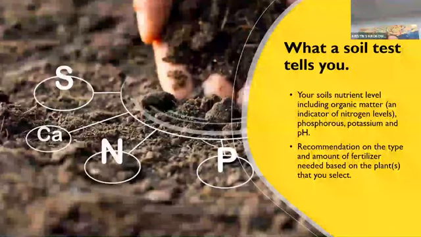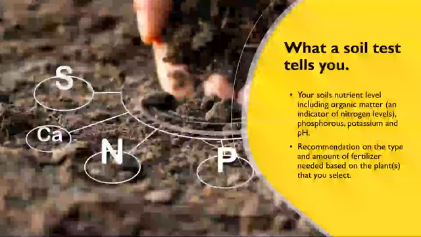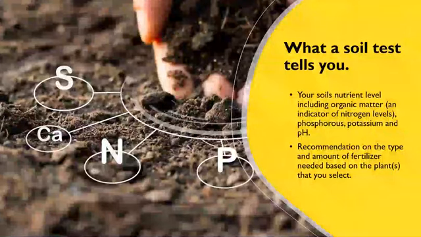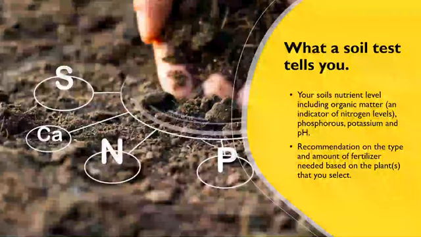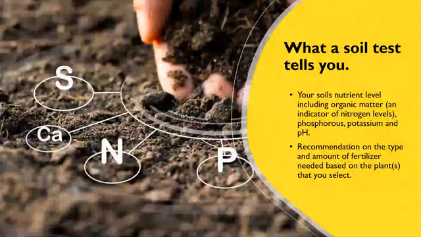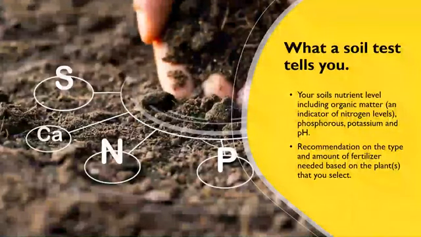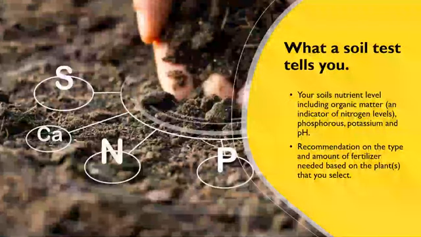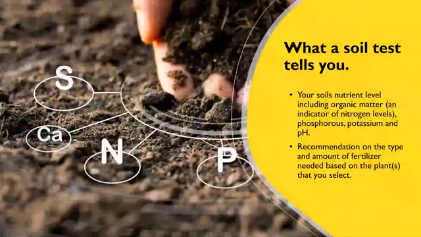So what is your soil test going to tell you? It's going to tell you your soil's nutrient level. That includes organic matter, which is basically an indicator of your nitrogen levels, and then your phosphorus, potassium, and pH. Those are the basics that you'll get with a soil test, and those will lead you in the right direction of what you want to do with that area of ground.